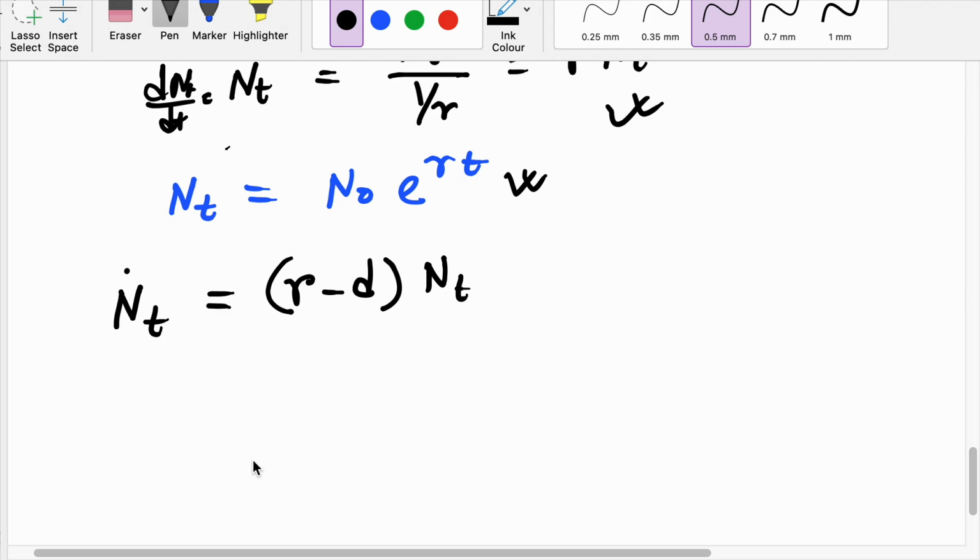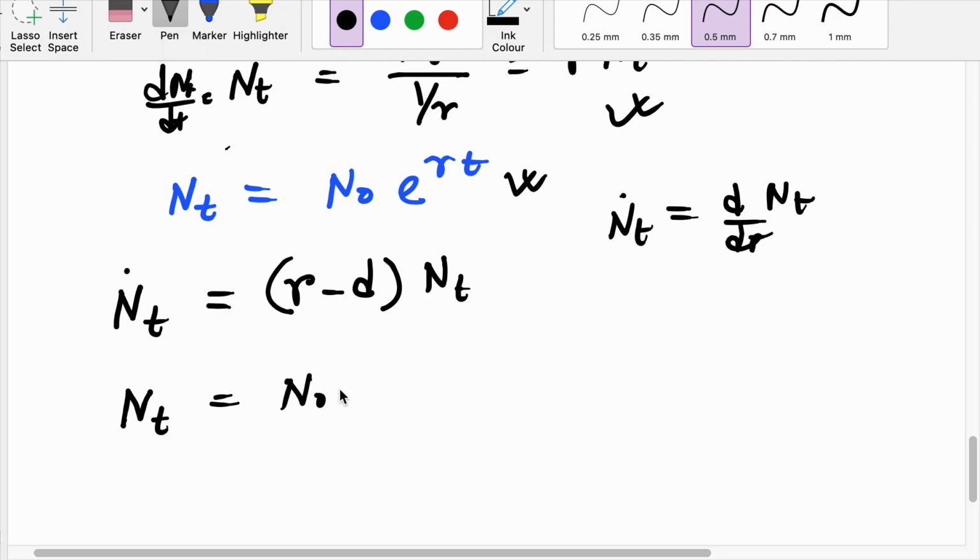Now if I solve this equation, and Nt dot means d dt of Nt, the first derivative of Nt with respect to t, you will get Nt will be N0 e to the power r minus d into t.